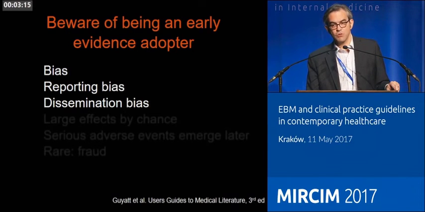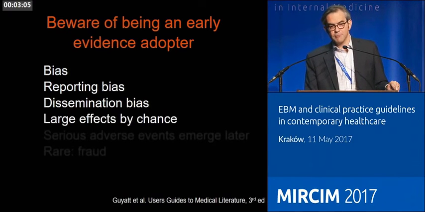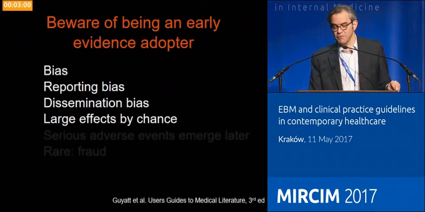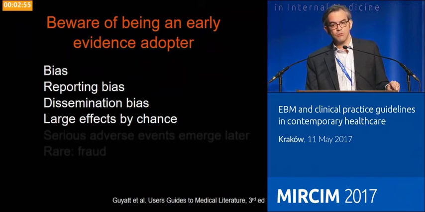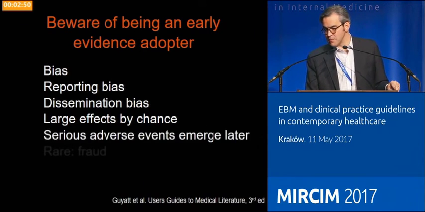But when you just look at the early studies, you may be looking mostly at those that have captured the imagination of the editors, and as a result, you consume them faster, and it will be a misleadingly optimistic view of therapies. It may be that the initial studies just produce large effects by chance, something that you can read more about if you search under the Proteus effect, and that may be misleading.